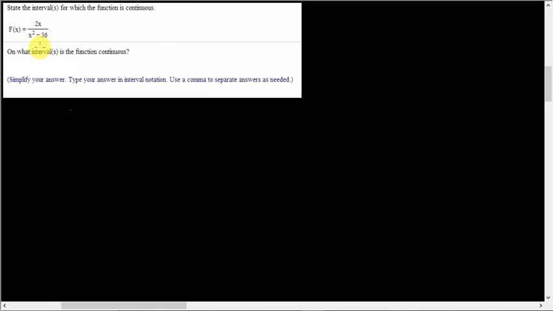Alright, so for the intervals, basically it's whenever the denominator is equal to 0. So if we have x squared minus 36, we want to find out when it is equal to 0, and that's where it won't be continuous.